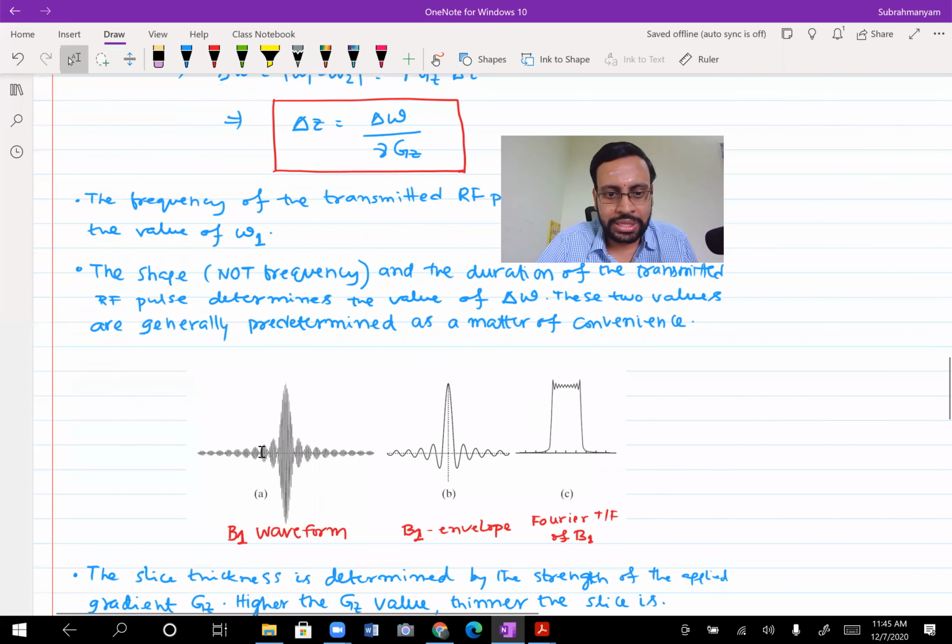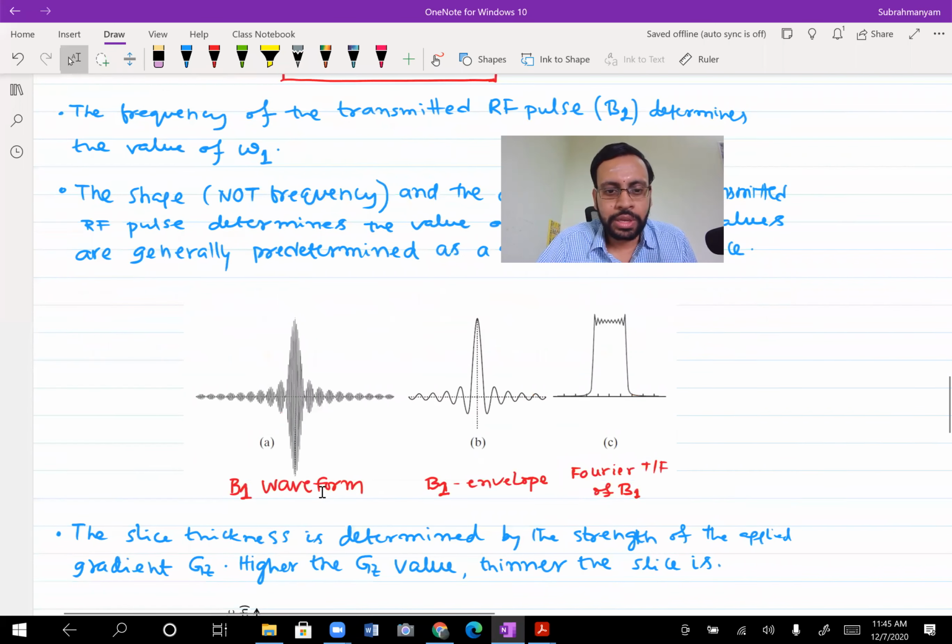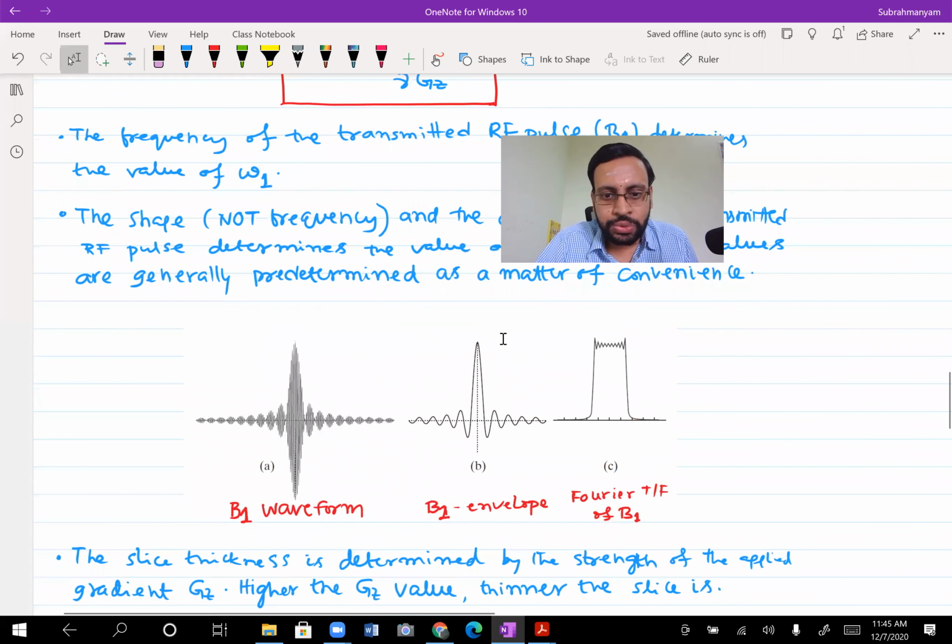If you look at this image, this would be only the envelope, and the frequency in the time domain, in fact the B1 waveform, would be something like this. The way it is oscillating over time will tell you at what frequency it is oscillating.